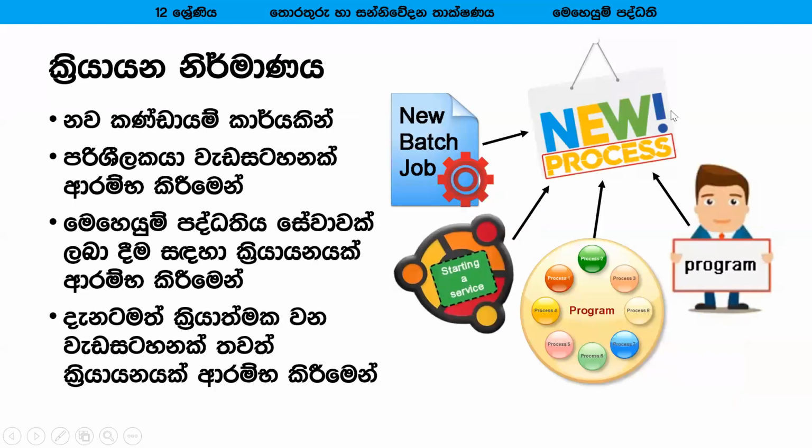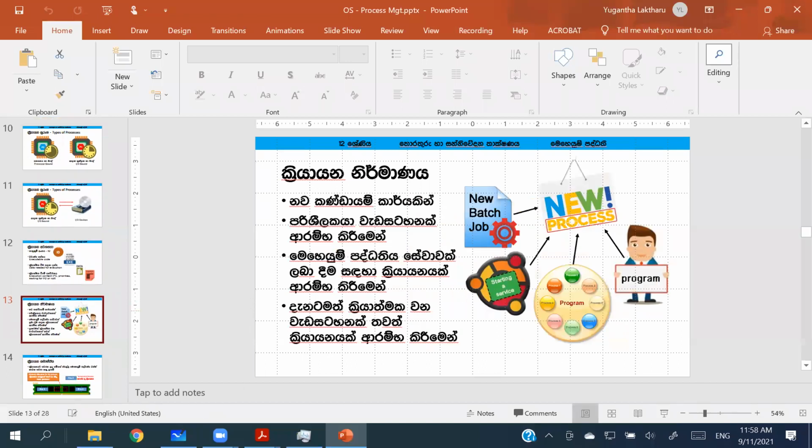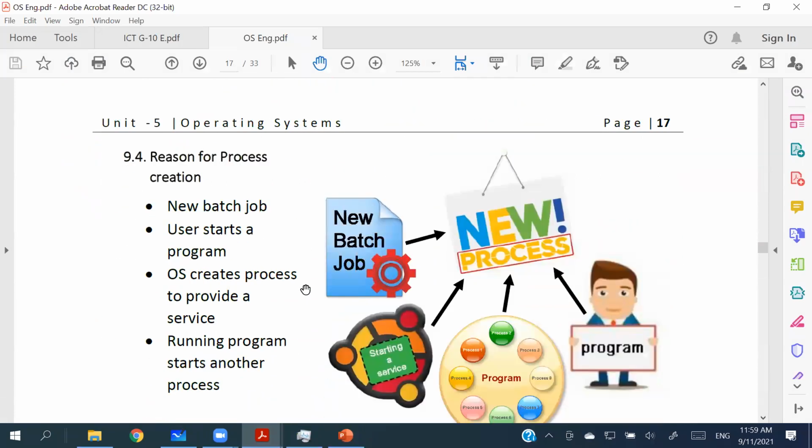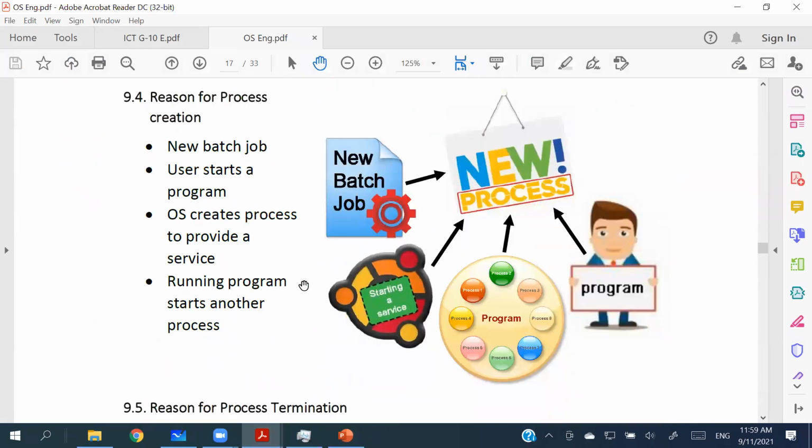And then, yeah, I'll go to the note since this is in Sinhala. The next one is talking about how a process can be created. There are several different things that a process can be created from. One is that the operating system can have a new batch job.